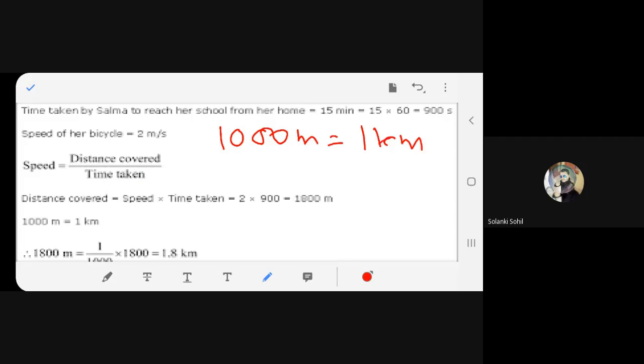Why did we do this? Because I have to convert meter into kilometers. So I have taken it on the left hand side. Therefore, 1 meter is equal to 1 upon 1000 kilometer. Till this, do you agree with me?